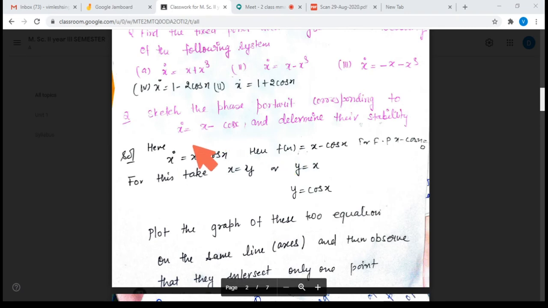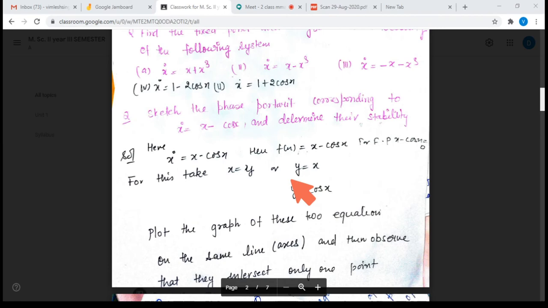First, to find the fixed point, x minus cos x equals 0. It means x equals cos x is our fixed point. Now for plotting the figure, we take y equals x. We get the equation of the line y equals x. Now when we substitute, y equals cos x is another equation.